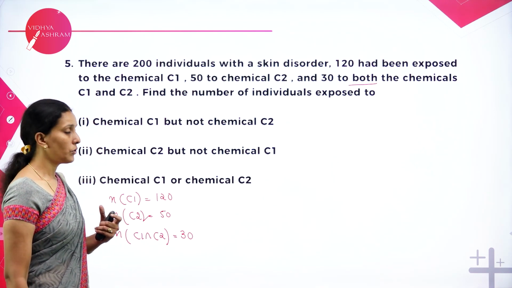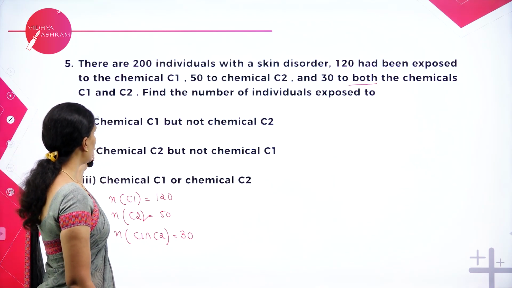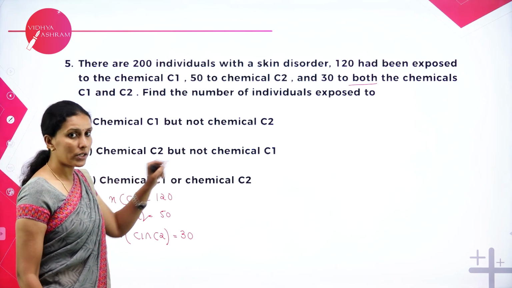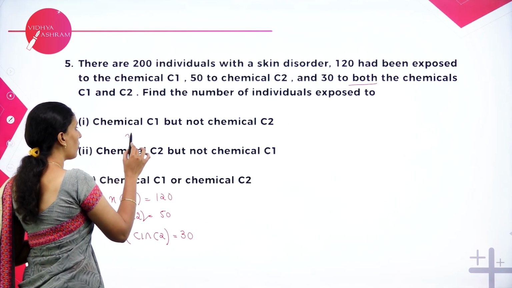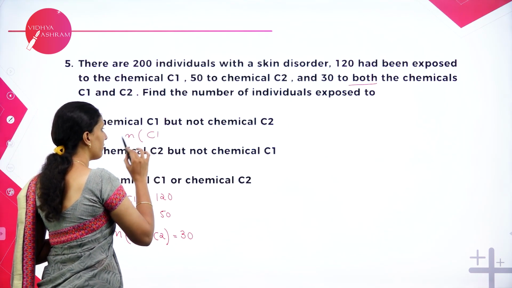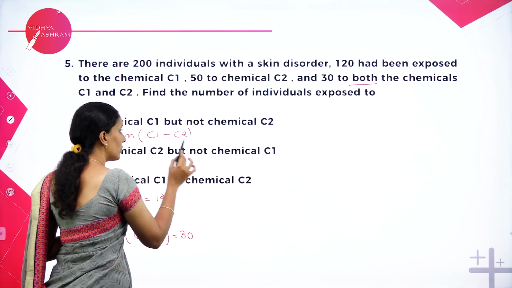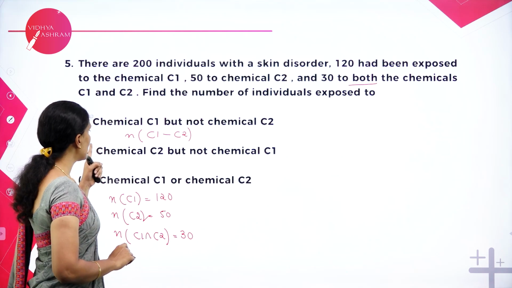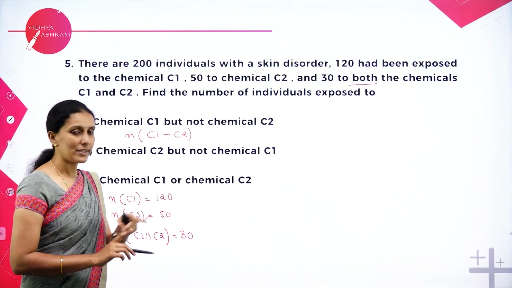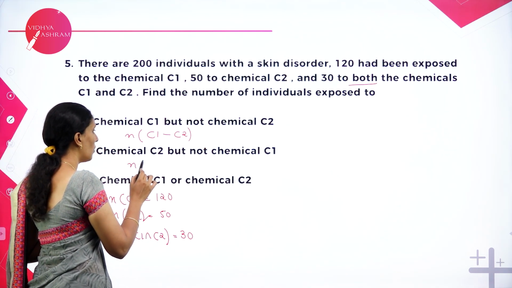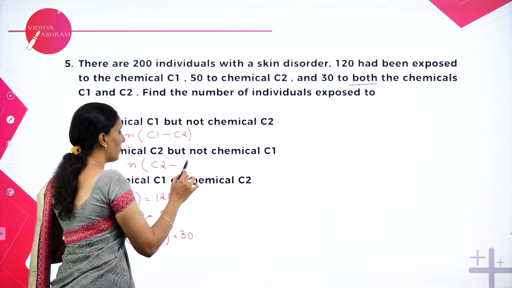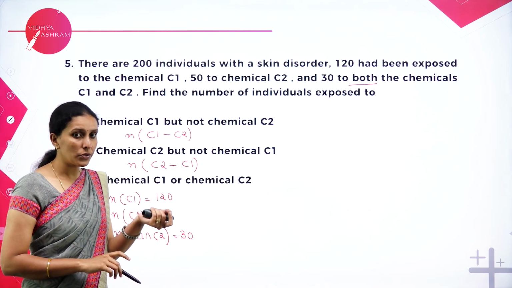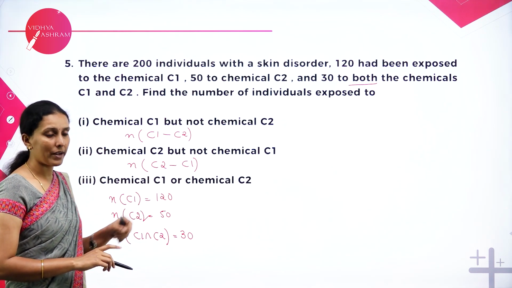Now what are we supposed to do here? First we need to find the people who are exposed only to C1 but not C2. That means the difference C1 minus C2. The second one is chemical C2 but not C1, the number of people exposed only to C2 and not C1, which implies C2 minus C1.